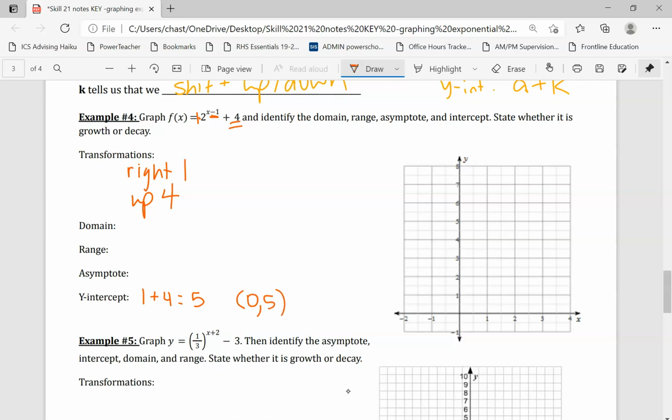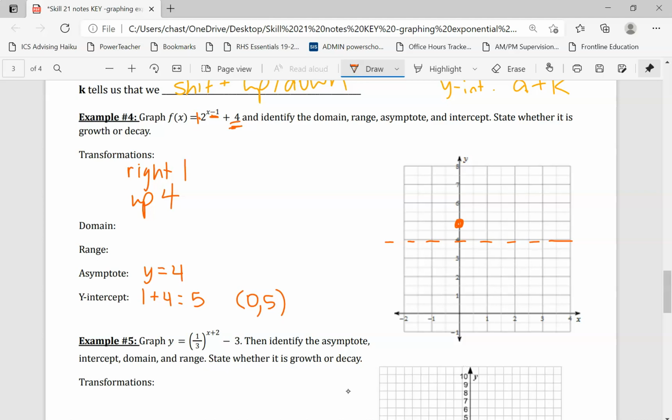So I'm going to go ahead and plot that on my graph. Now this 4 is going to tell us our asymptote, so we'd have the equation y equals 4, so I'm going to go ahead and draw in that asymptote. And now we're going to go ahead and apply our graph, okay?